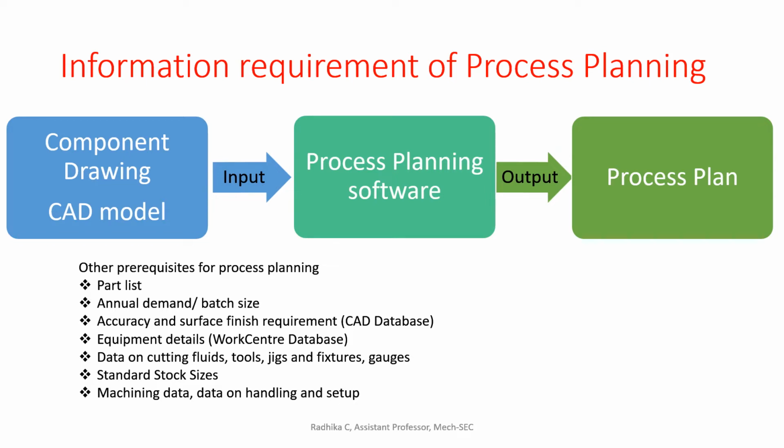So these are the other prerequisites for process planning. In a computerized process planning system, a formal structure and a knowledge database are required in order to transform the engineering design information into a process plan.